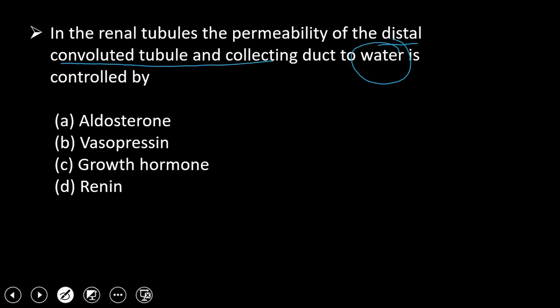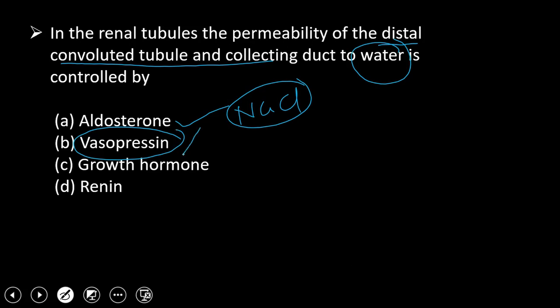Aldosterone hormone is particularly secreted from the adrenal cortex, and it leads to the reabsorption of salt along with some amount of water, but mostly it leads to the reabsorption of minerals, particularly Na and Cl minus. Vasopressin, the correct answer is vasopressin.